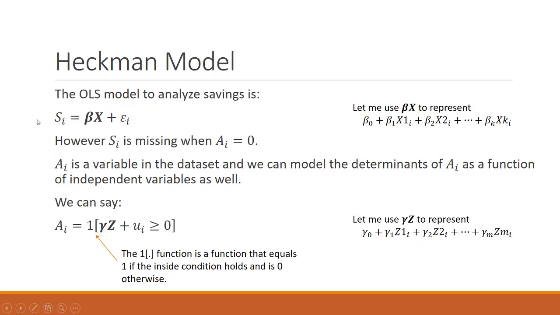So the savings variable is going to somehow be a function of the variables that determine savings and the variables that determine whether or not you have a savings account.